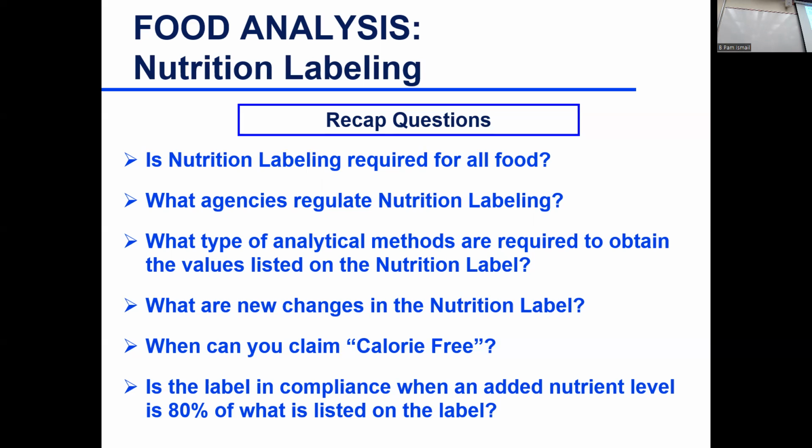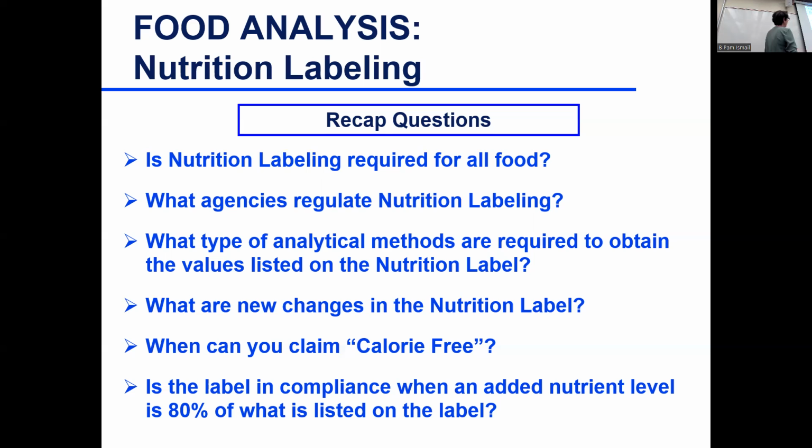Certain foods like produce that has not been adulterated or processed, or had any other ingredients added to it. Shelled eggs, for example. The other one is when there is a larger package of packages. Yes, a big package with individual packages within it, you will find the nutrition label on the outside box or package.